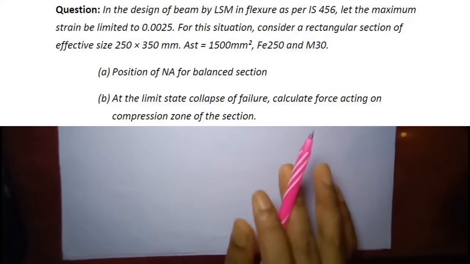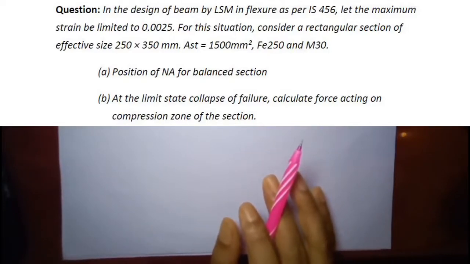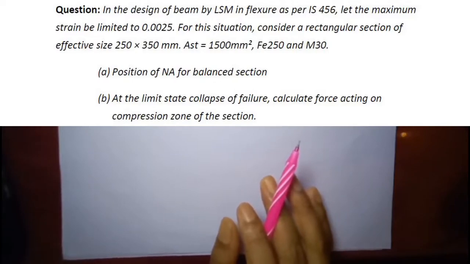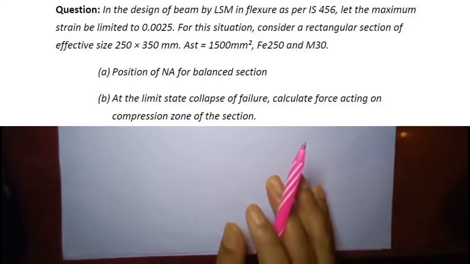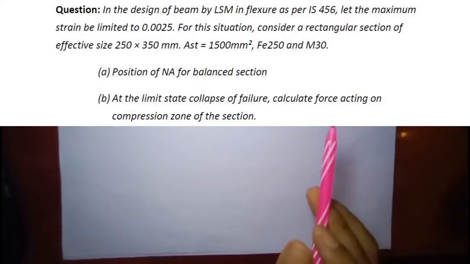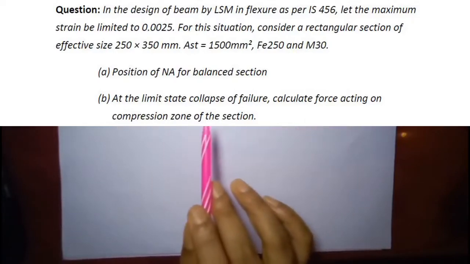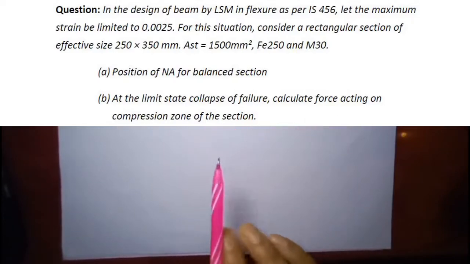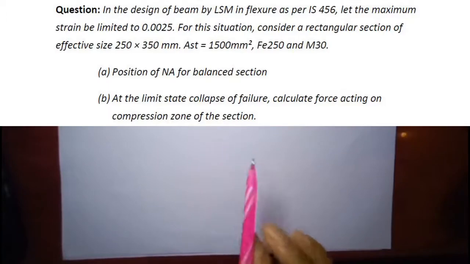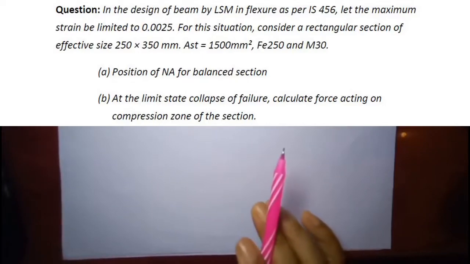For this situation, consider a rectangular section of effective size 250 by 350 mm, with Ast equal to 1500 mm², Fe 250 and M30 grade of concrete. We are asked to find the position of the neutral axis for the balanced section, and at the limit state of collapse or failure, calculate the force acting on the compression zone of the section.